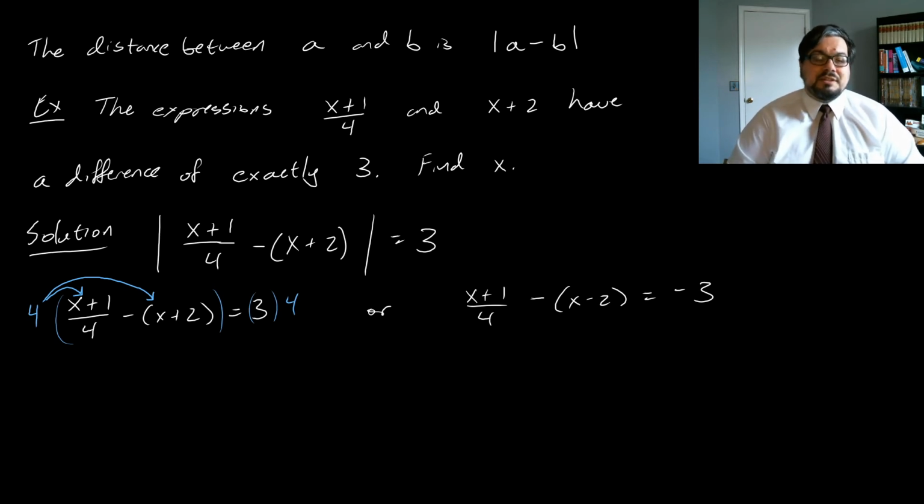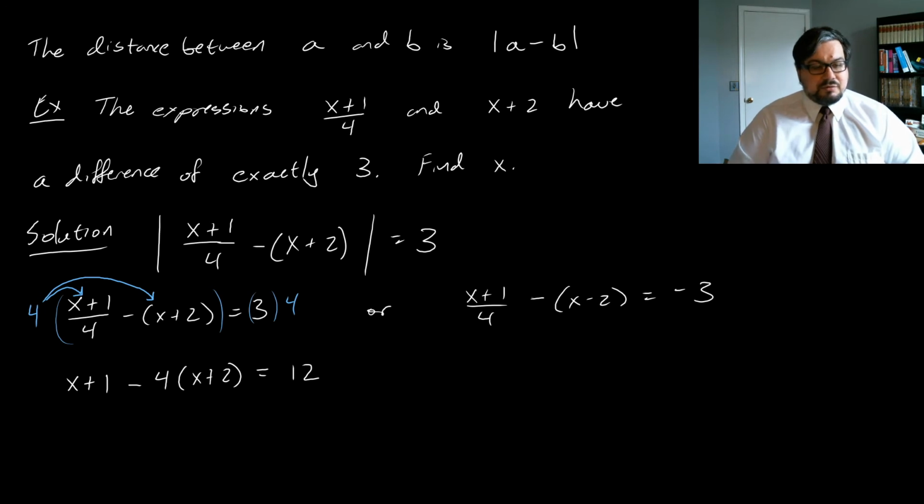So when I multiply this 4 through the first equation, on the left-hand side, the x plus 1 over 4, when we multiply by 4, will just give us x plus 1, because the 4 we multiply and the 4 in the denominator will cancel. But the 4 times the (x plus 2) will just stay as 4 times (x plus 2), and then the right-hand side will be 12.